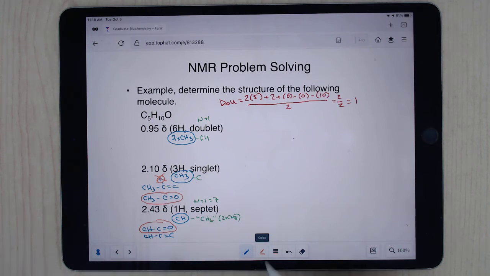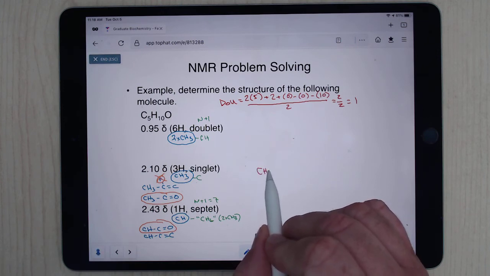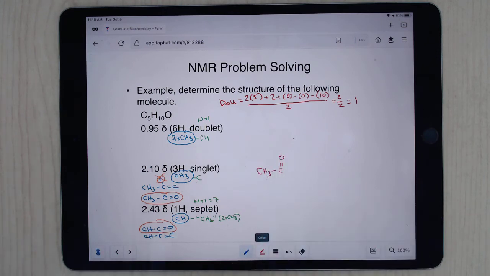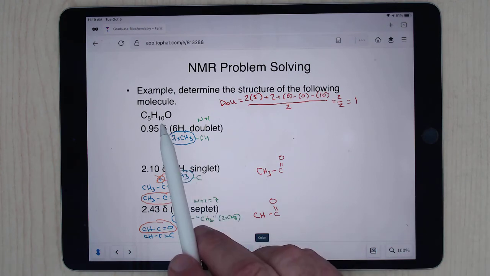So we have a CH3 next to a C double bond O, and then here we have a CH next to a C double bond O. But we don't have two oxygens, we only have one oxygen.